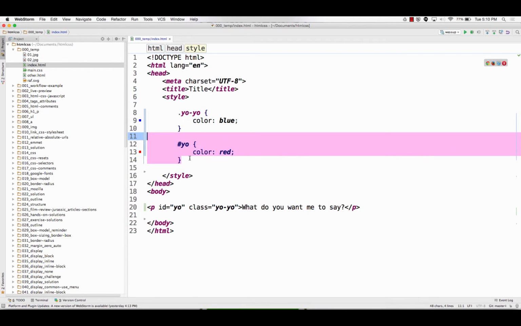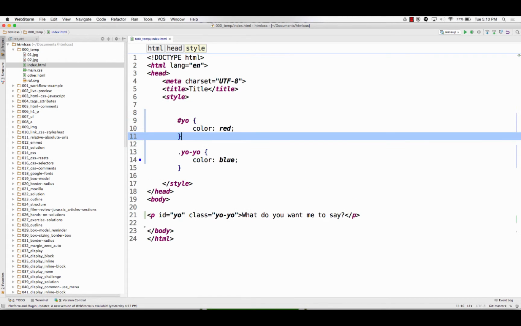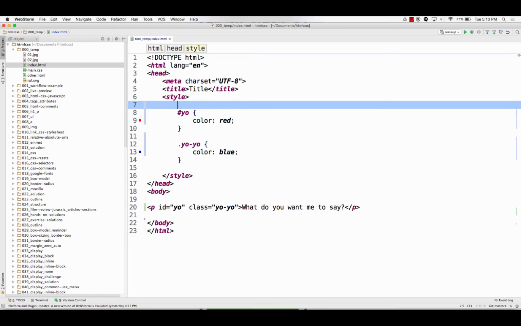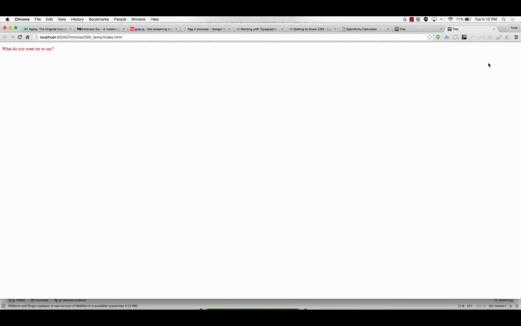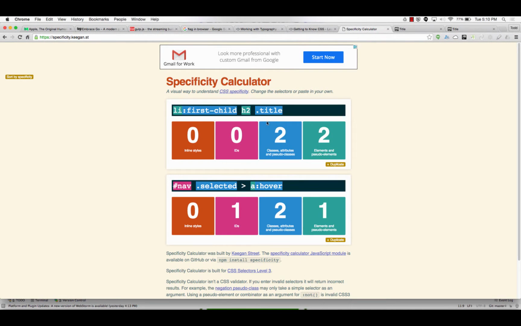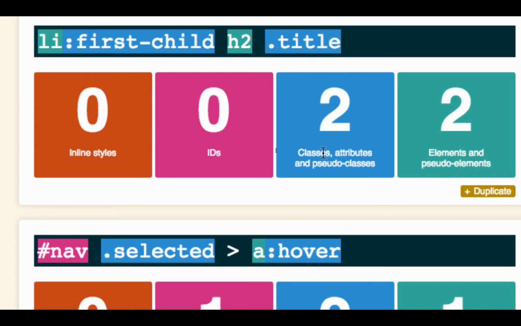What about now? Still red. And the reason is because IDs have a higher specificity than classes.